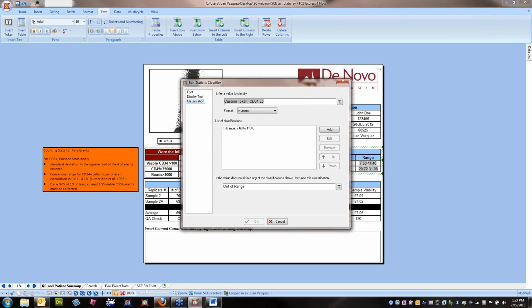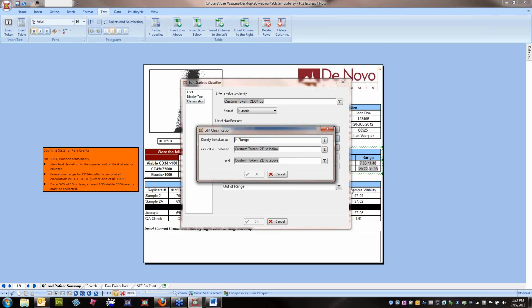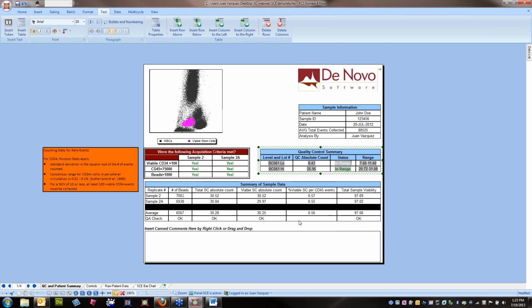Specifically, I am classifying a particular token, looking at the value of that token and determining whether or not it's in range or out of range. I'm using the values determined by the 20% below and 20% above cutoffs that I've created as a way to evaluate whether or not those values are in range.